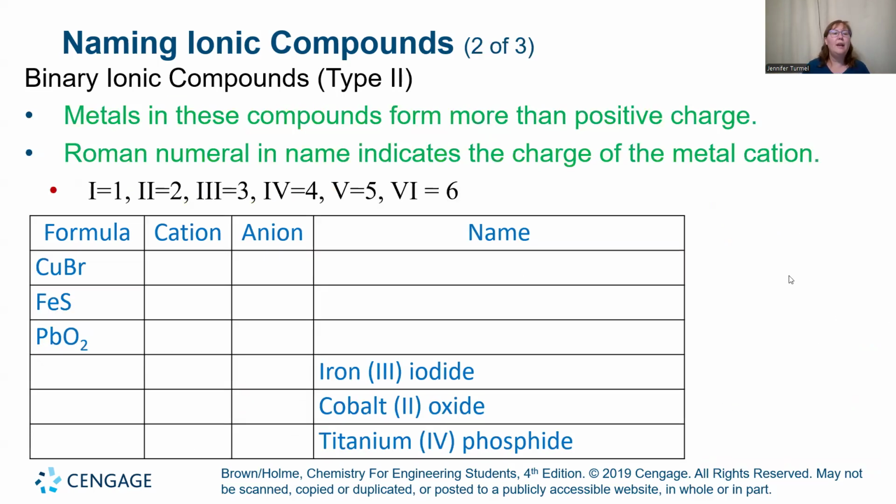All right, now we have our type 2 binary ionic compounds, and these occur when you have a metal with more than one charge. Okay, so these are going to be transition metals, and they're going to also be what I call heavy metals, and sometimes they call them post transitions, but not all of them.